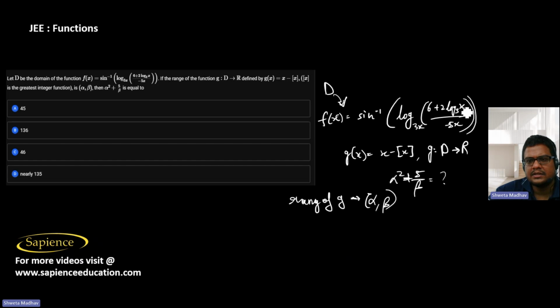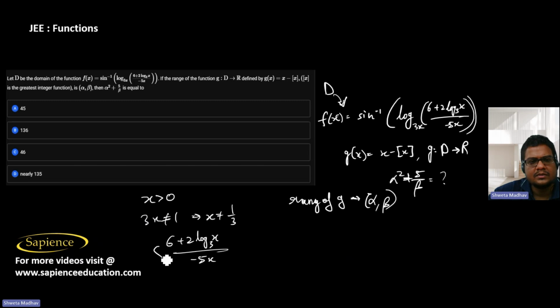Now here, since x is inside the log function, x should be greater than 0. And 3x should not be equal to 1, so x should not be equal to 1 by 3. And also this (6 plus 2 log x base 3) divided by minus 5x should also be greater than 0.